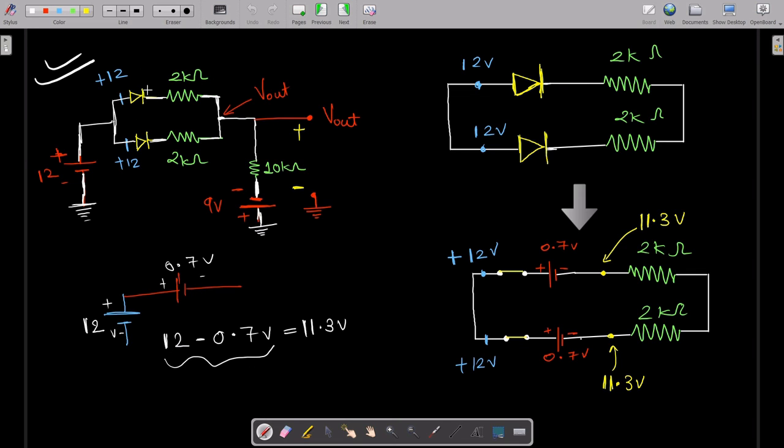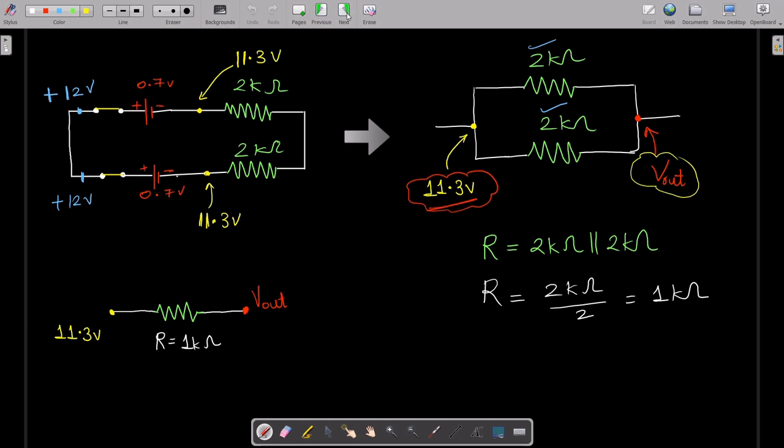Both the diodes are behaving in the same way, and these two resistors are connected in parallel. This was the most important concept we learned, how diode circuits behave, and on the basis of their behavior, how the circuit actually works.